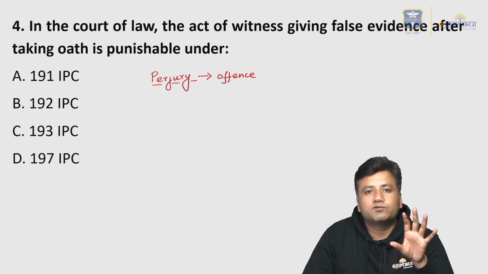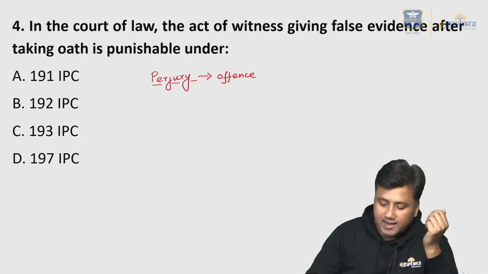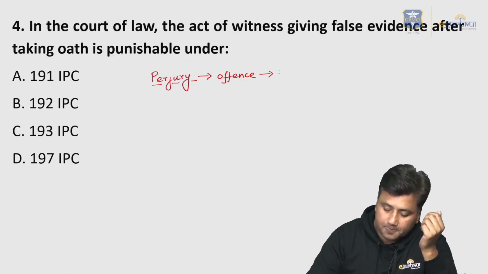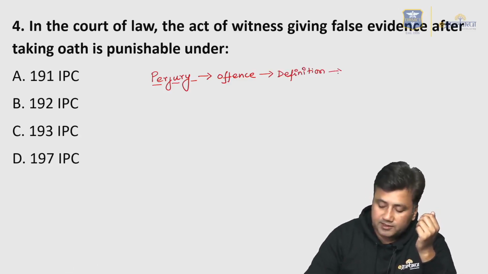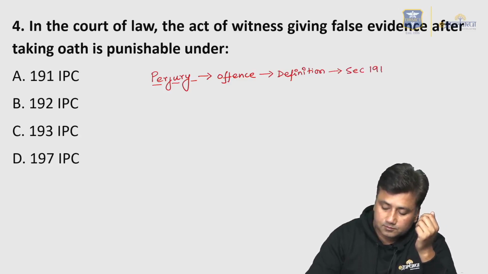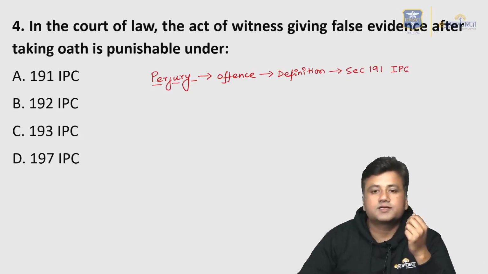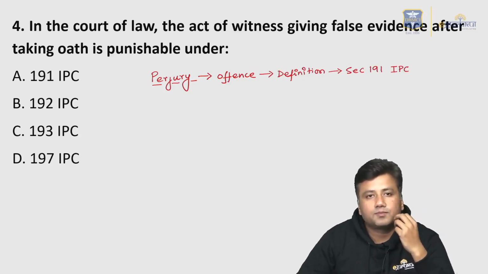And because it is an offense, it has to be defined in the Indian Penal Code, and the definition of this offense is given in section 191 of IPC, and the definition is what I said just now.